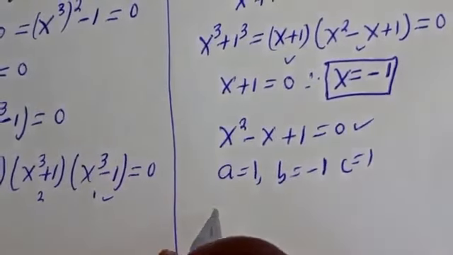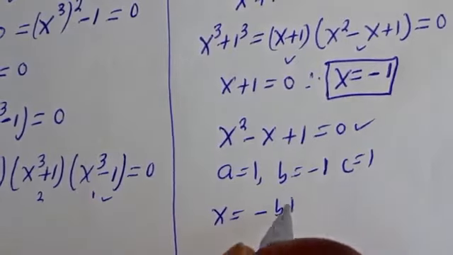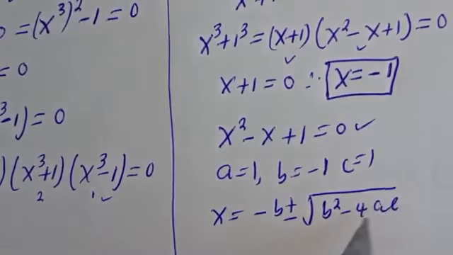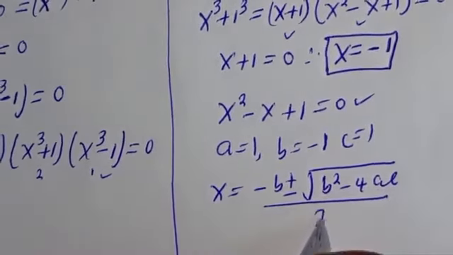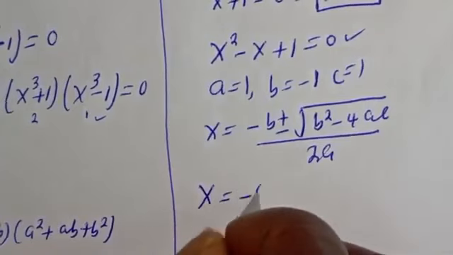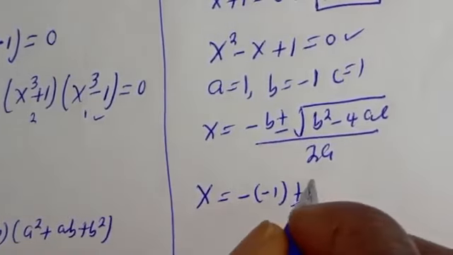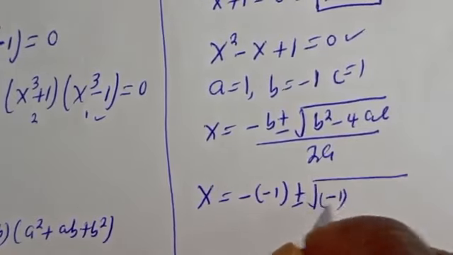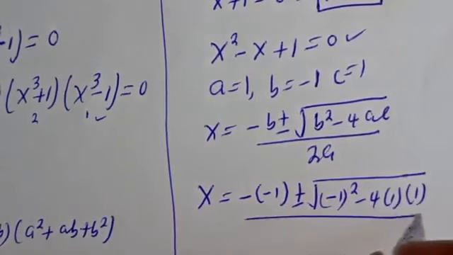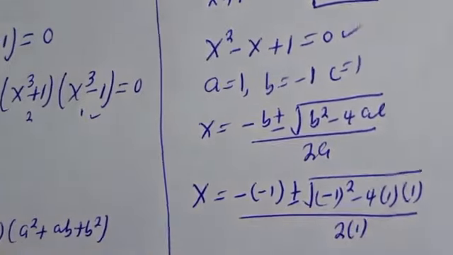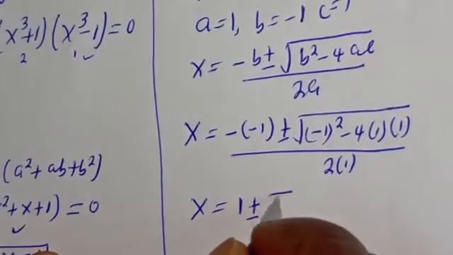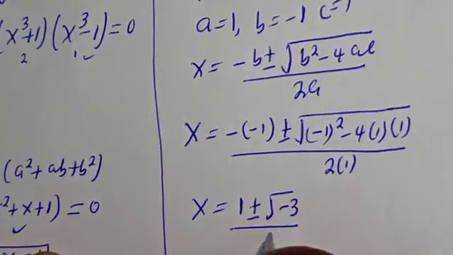And the general formula is s is equal to minus b plus or minus square root of b squared minus 4ac over 2a. s is equal to minus bracket minus 1 plus or minus square root of minus 1 squared minus 4 multiplied by 1 multiplied by 1 over 2 multiplied by 1. s is equal to 1 plus or minus square root of minus 3 over 2.